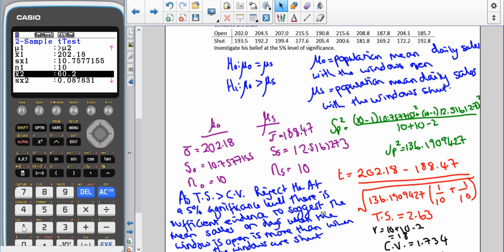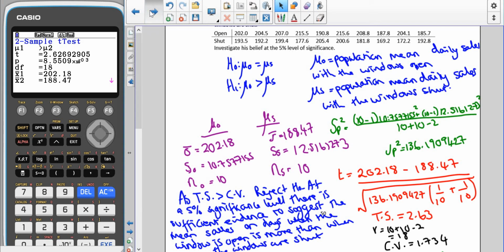And for the second group, our mean is 188.47. Our sample standard deviation is 12.516123, and the number of pieces of data that we have is 10. And there we've got 2.63, and here our test statistic was 2.63.